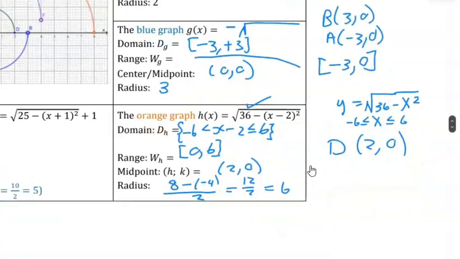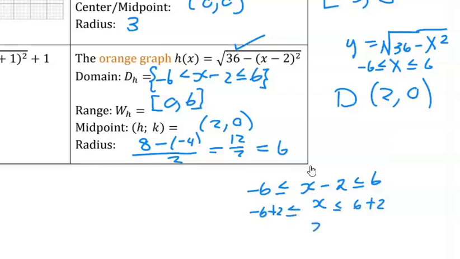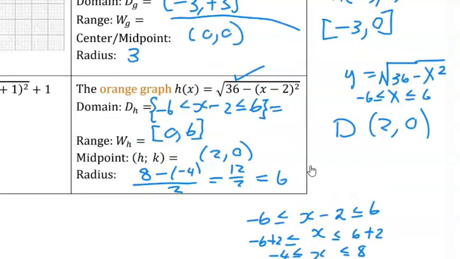Let me just enlarge it a little bit. If I solve that, x minus 2 less than or equal to 6 and greater or equal to -6, then if I isolate x, I must add 2 everywhere. So x will be in between -4 and 8. So my domain will be, I'm going to write it in red here, from -4 to 8.